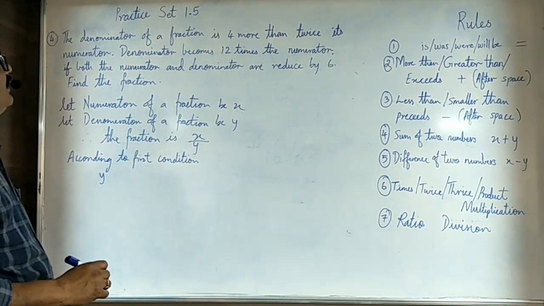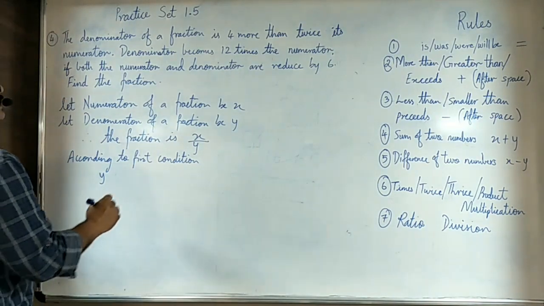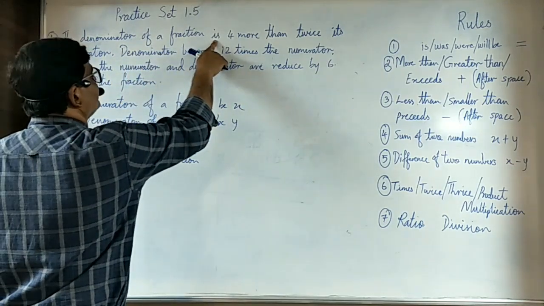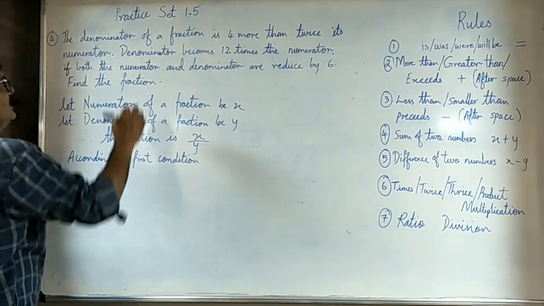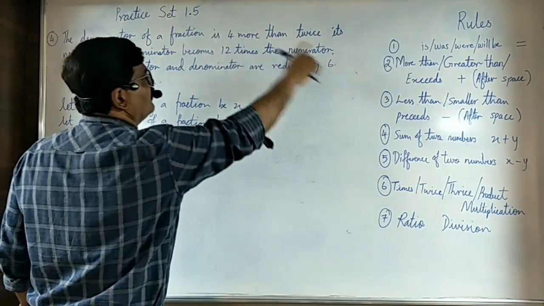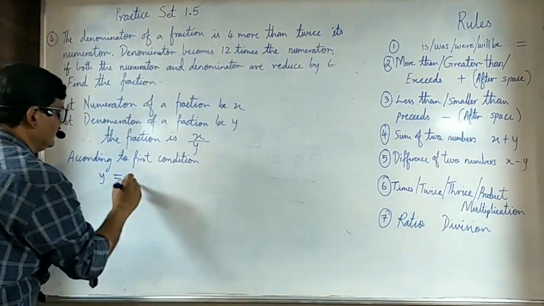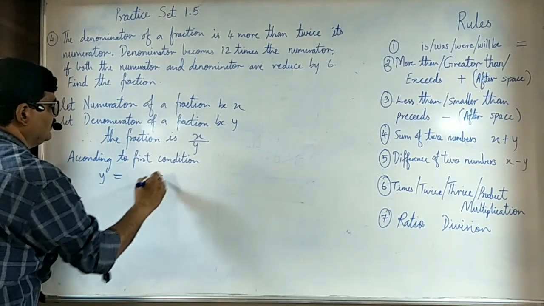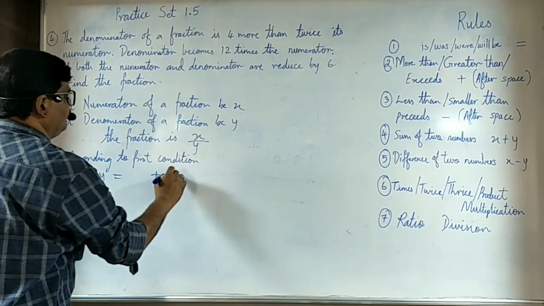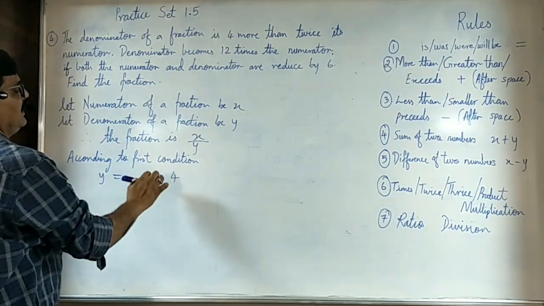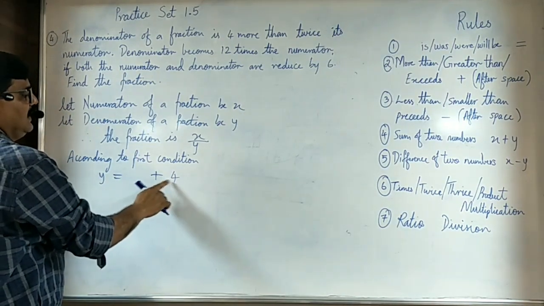Y is the denominator, and in the place of is, you write an equal to sign. For is 4 more than, you leave a space and write a plus sign, and then write 4.